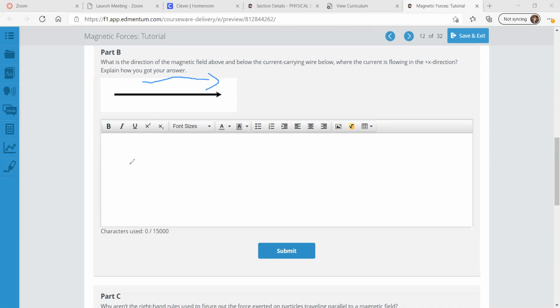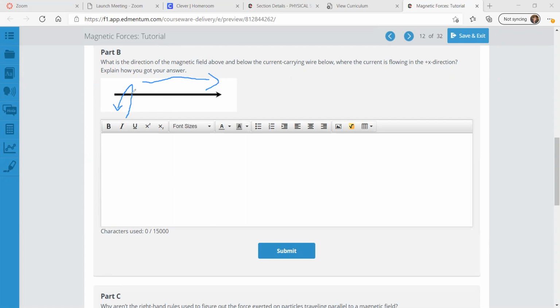So if you're pointing your thumb this way and then curling your right hand fingers, your fingers will curl around this wire, okay? And if it's below the wire, it's going into the screen. And then above the wire, it's coming out of the screen. Does that make sense? You have to think in a 3D mentality.